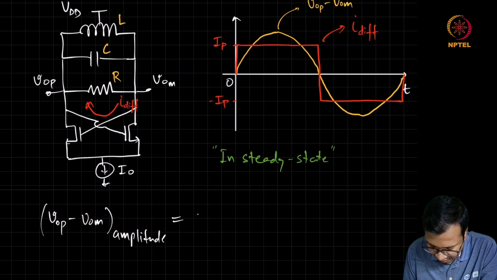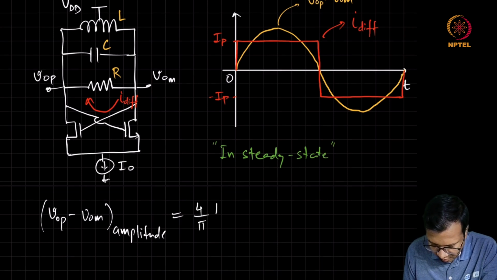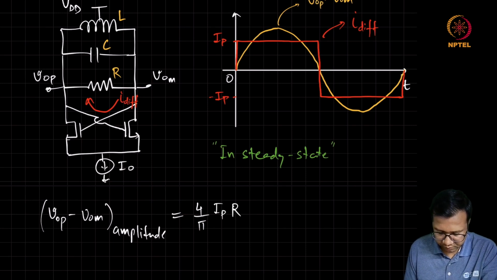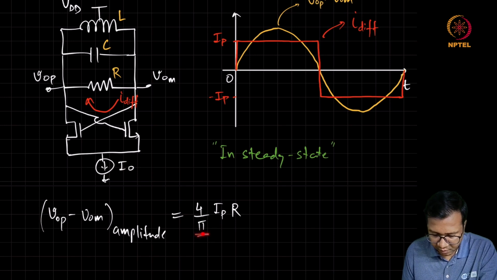In this case, it is going to be 4 by pi times IP into R, because this is the strength of the fundamental component in a square wave.